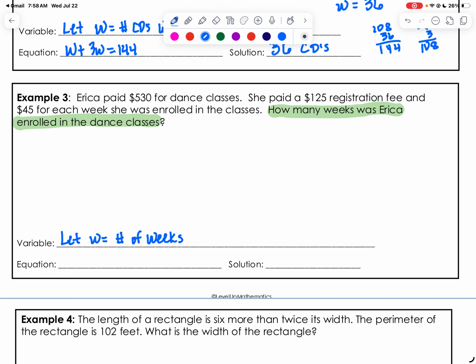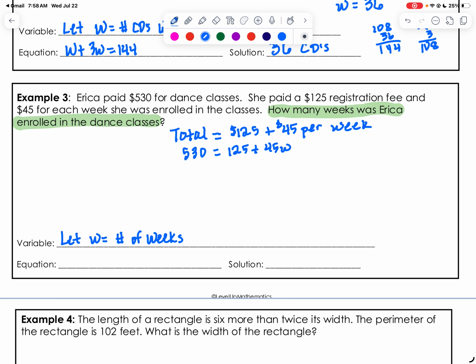Okay, so I know that the total amount she paid is equal to the $125 registration fee, plus she paid $45 per week. That's how much she spent. In this problem, it told us that she paid a total of $530, so I'm going to replace the total with 530. So this would be 125 plus 45 per week, which would just be 45W.